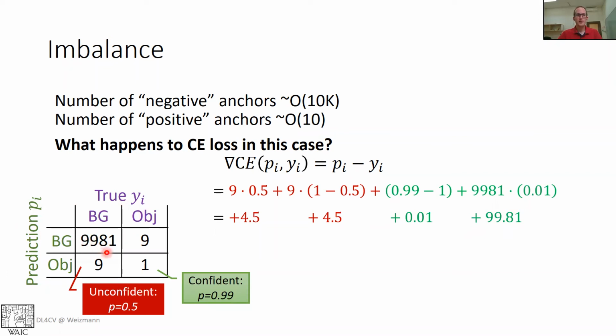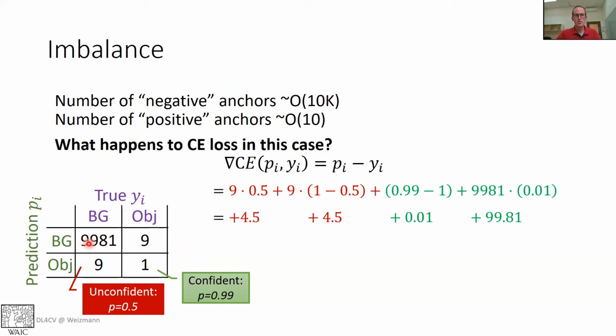Despite the fact that we correctly classified them, what the gradient and the loss tell us is, well, you did it with 0.99 confidence, you can do better, you can do 0.999. So instead of focusing on these few mistakes, the cross entropy loss just drives you to do slightly better on these.